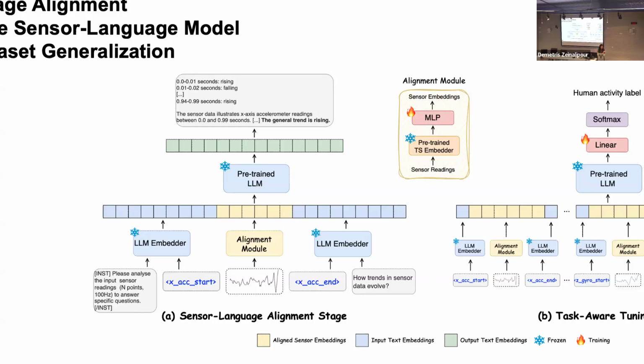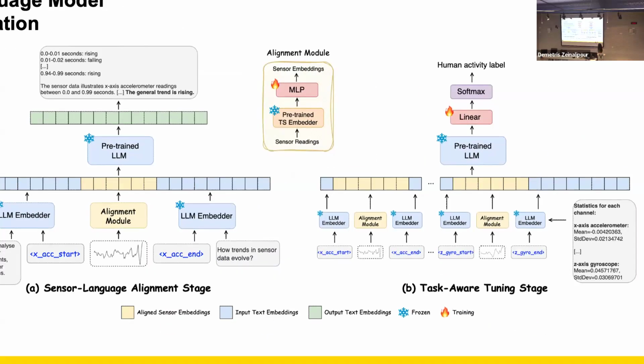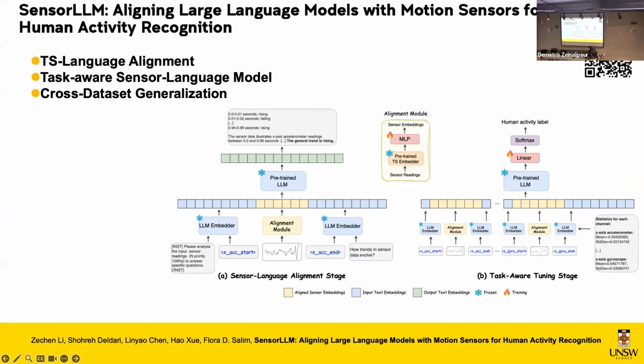Is there a better way of describing time series? This is an open question. Is there a vocabulary for describing time series? And second, alignment for the task, because you want to do different tasks: classification, time series generation, summarization. So this is a two-stage framework that we propose. The details are in the paper. I won't have time to show you.